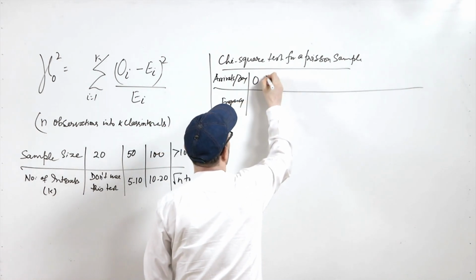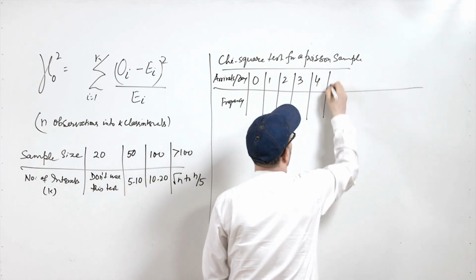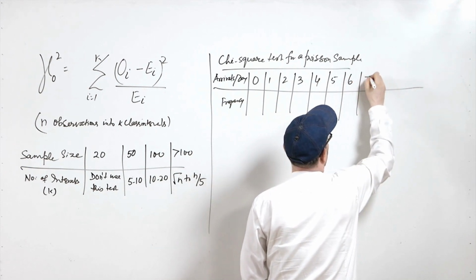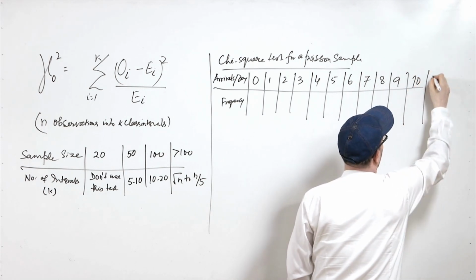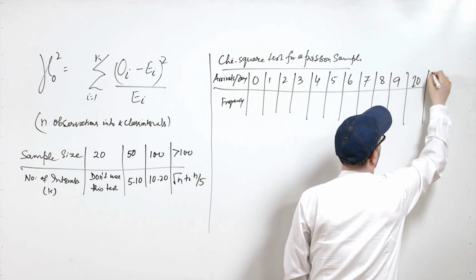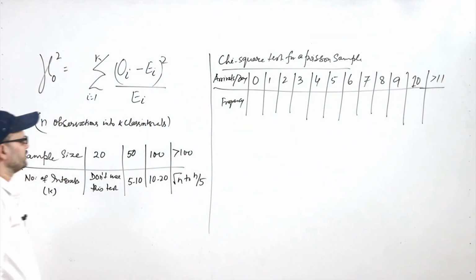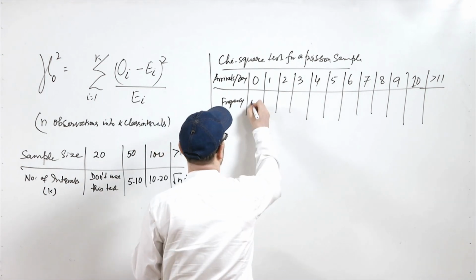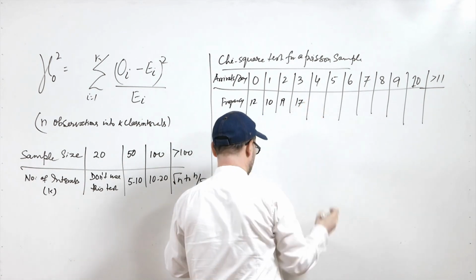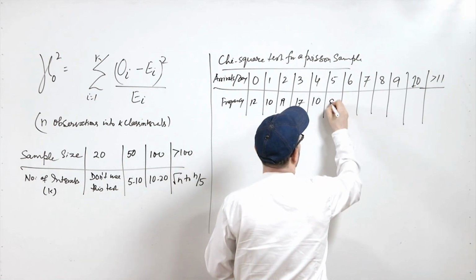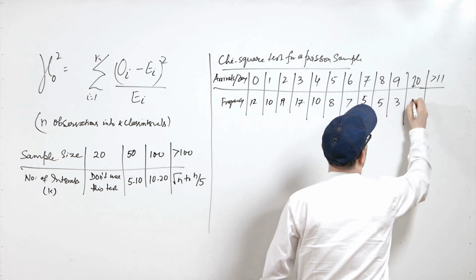So, you have arrivals per day 0, 1, 2, 3, 4, 5, 6, 7, 8, 9, 10, and then 11 or more. The frequencies were calculated as 12, 10, 19, 17, then 10, 8, 7, 5, and further 5, 3, 3 and 1.